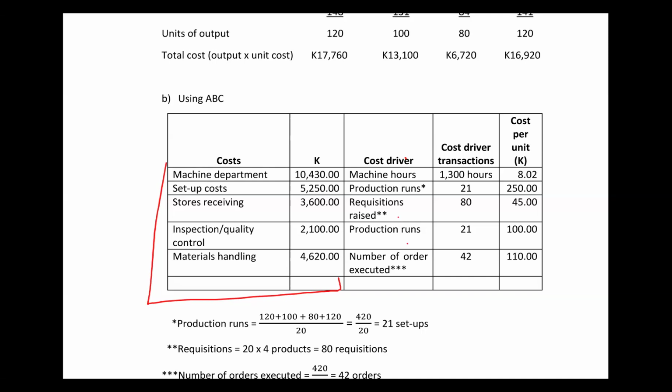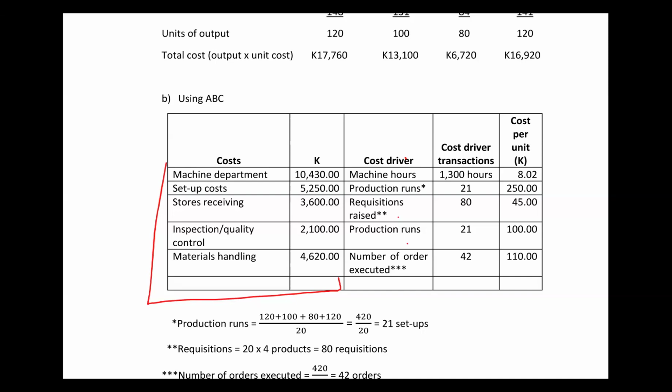Okay. So now, let's start with the production runs. You would just sum all the units that were produced for A, for B, for C, and for D, and divide by the number of runs that are given. We want to allocate those runs to specific units.